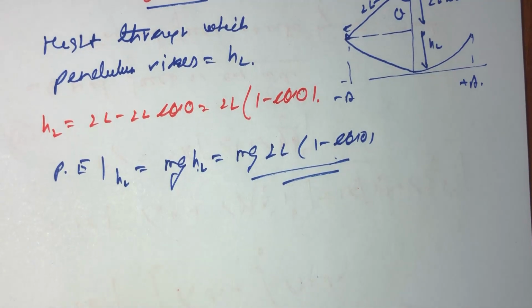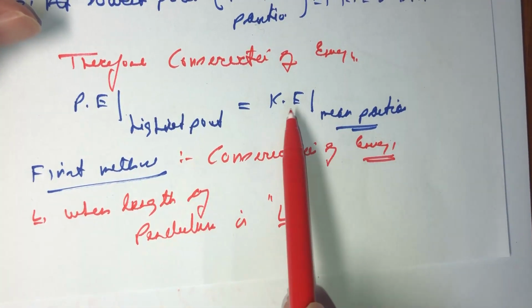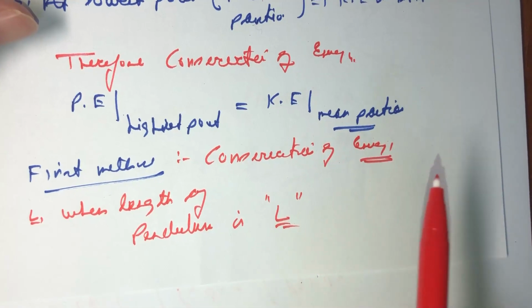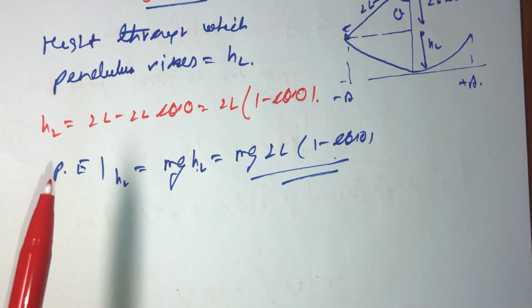So now we are going to use the conservation of energy: the potential energy at the highest point will be equal to kinetic energy at the mean position. We found out the potential energy at the highest point.